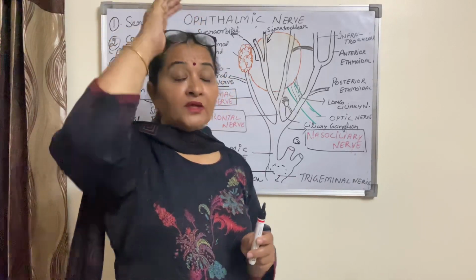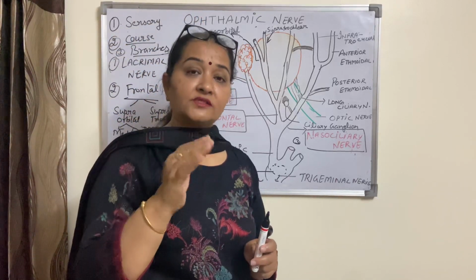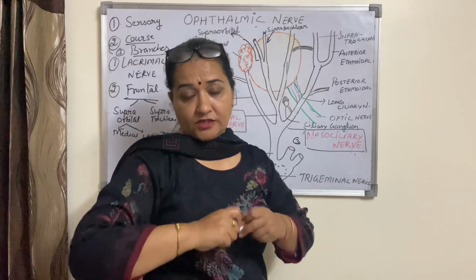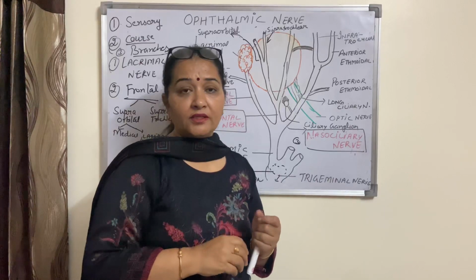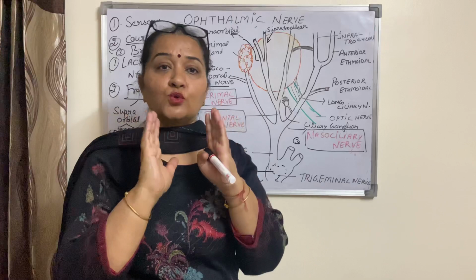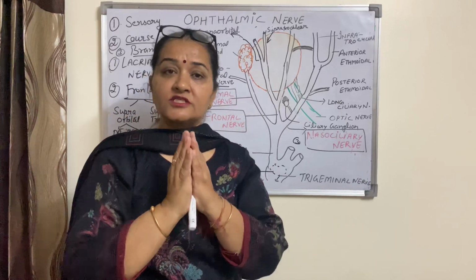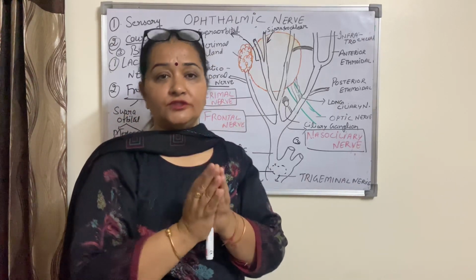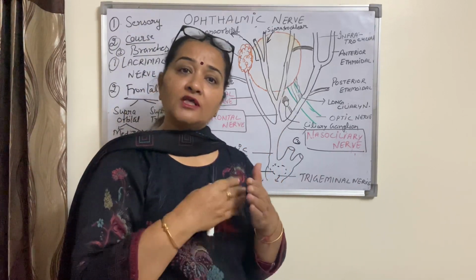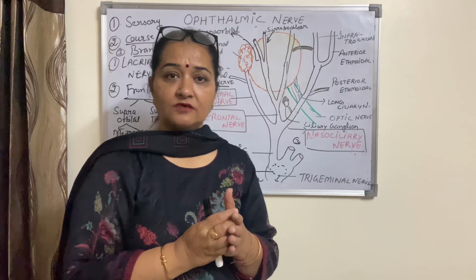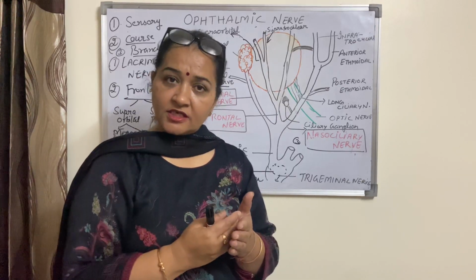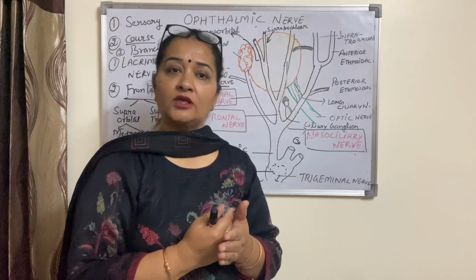So what is important regarding the clinical aspect of this nerve is in frontal air sinusitis. The referred pain is felt in the whole of the head up to the lambdoid suture. This is because of the distribution of the frontal division coming from the ophthalmic nerve. Now what are the other areas supplied by this nerve? The upper eyelid, then conjunctiva, then the frontal air sinus, then the scalp up to the lambdoid suture.